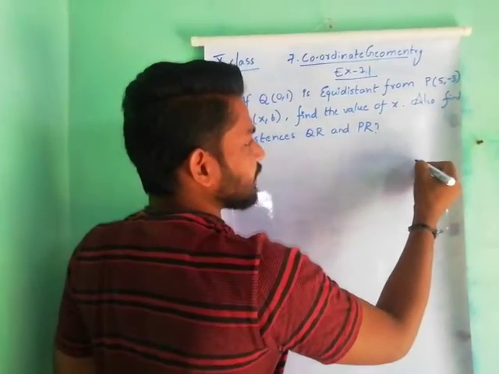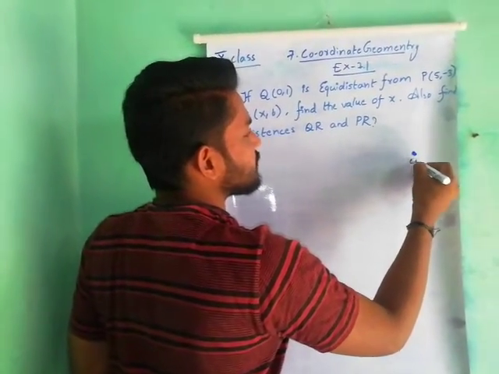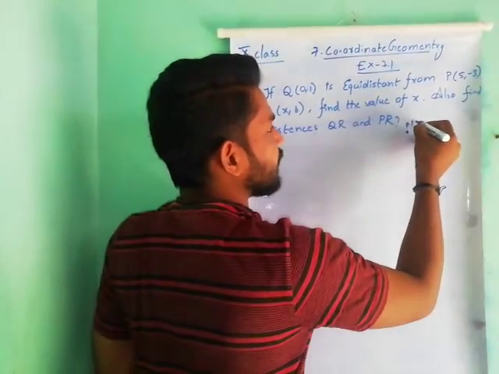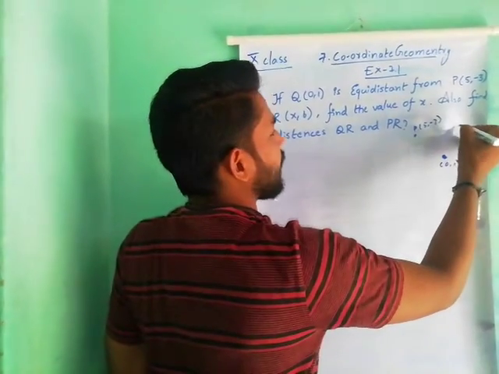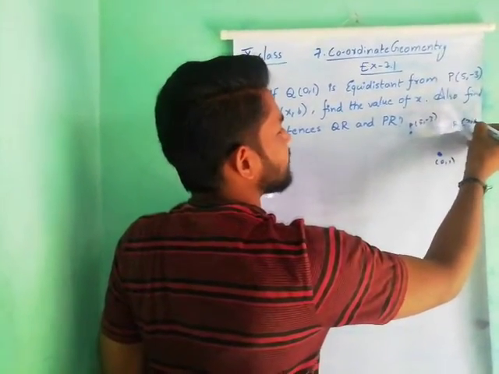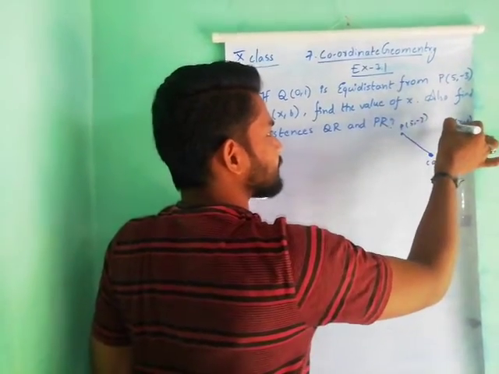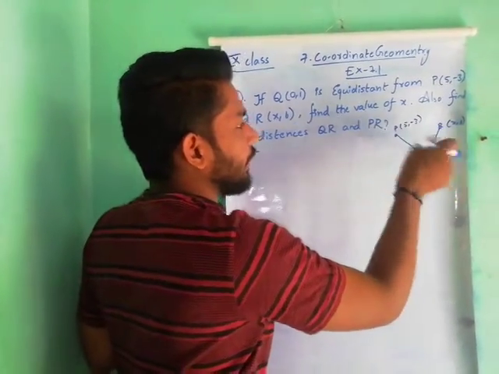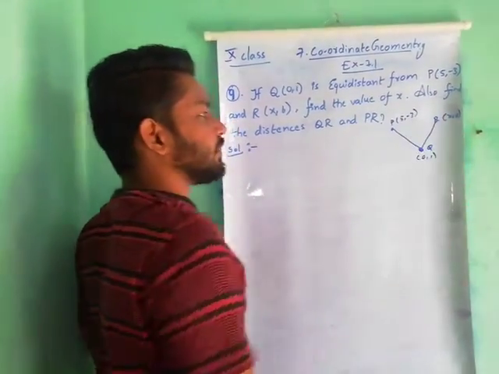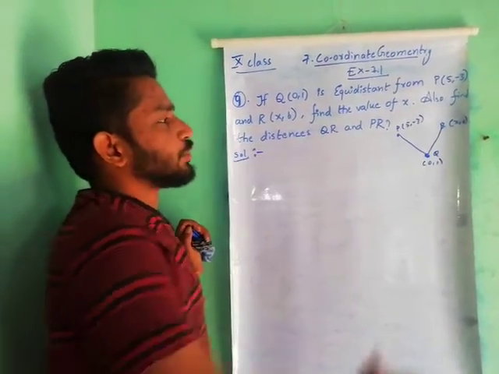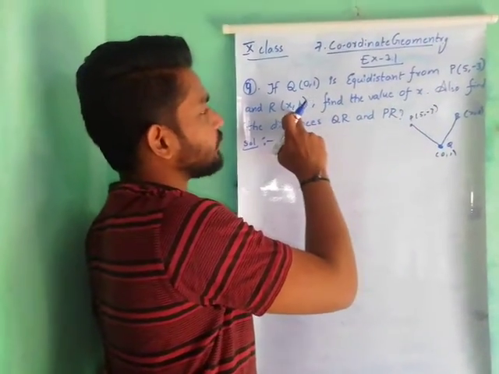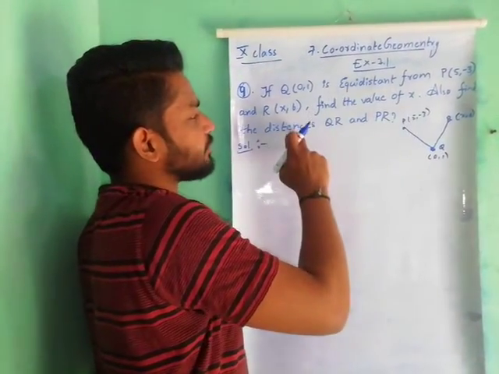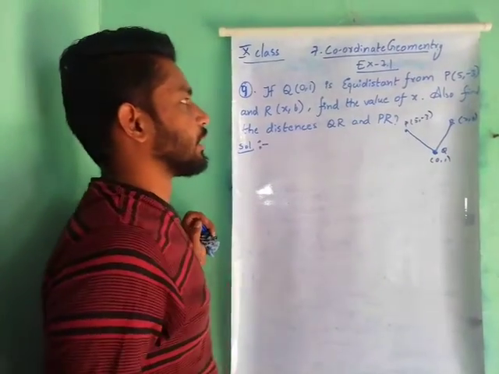Actually, what is given is that Q(0, 1) is equidistant from P(5, -3) and R(x, 6), which means the distance PQ is equal to the distance QR. Using that condition we have to find the value of x. Once we find x, we then find the distances QR and PR.